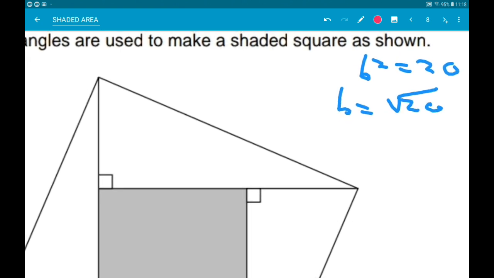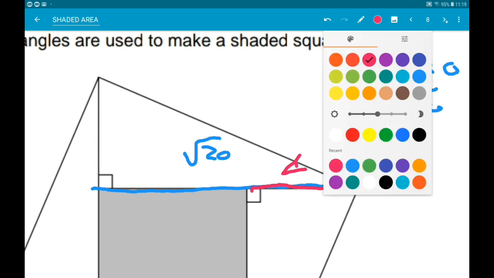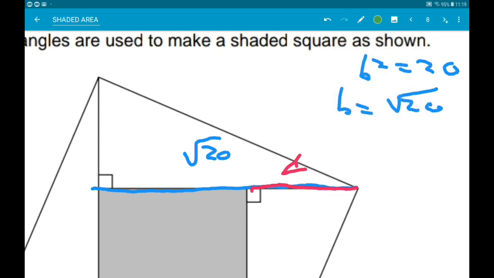So we know from here to here is root 20, but we know that from here to here is 4. So that means the side length of the square from here to here is root 20 minus 4.